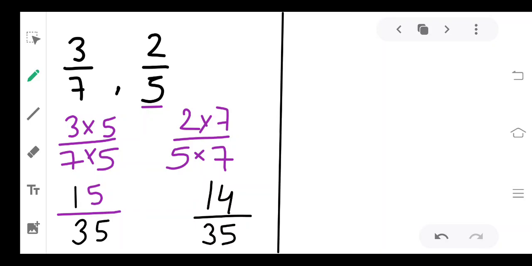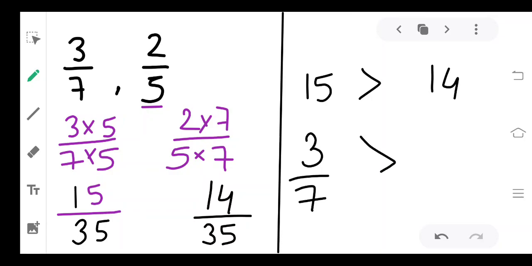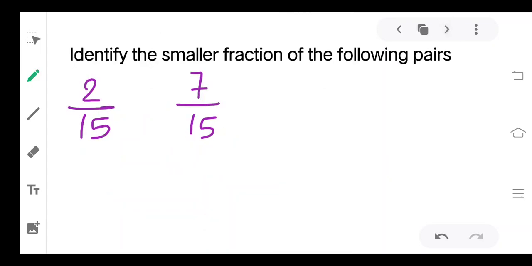Students, you can see that the denominators are now the same, so we have to compare the numerators, 15 and 14. So 15 is greater, so we can easily say that 3 upon 7 is greater than 2 upon 5. So students, I think your concept of cross multiplication and LCM is completely clear here.